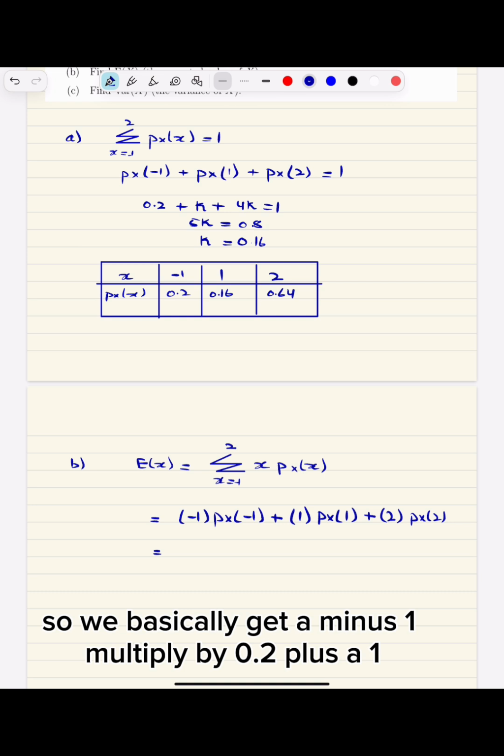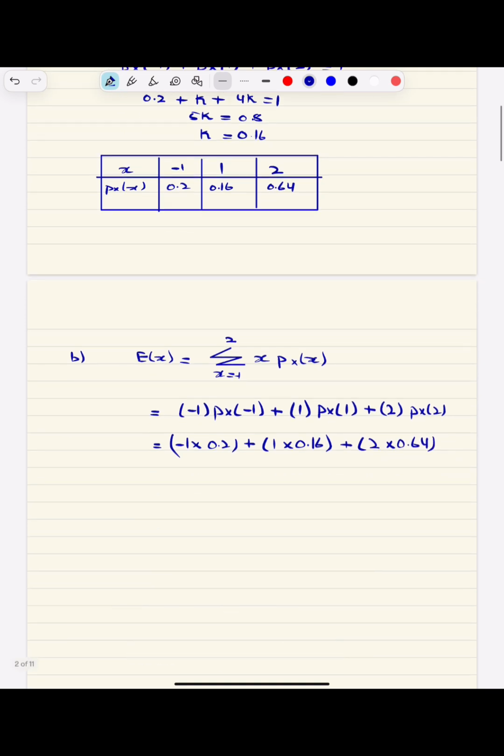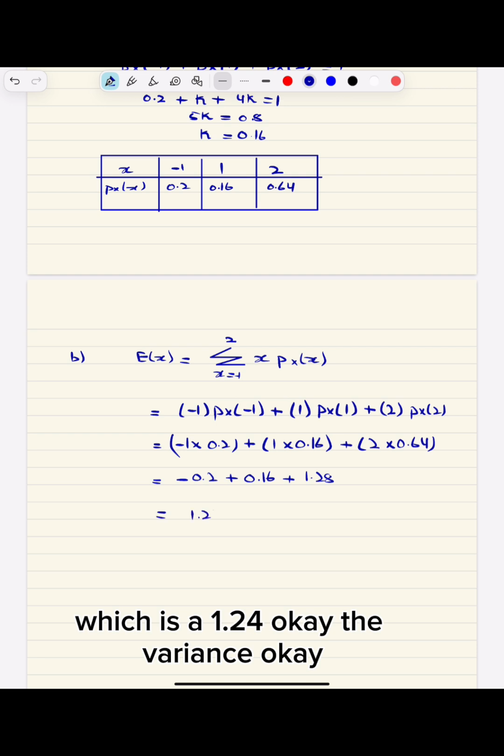So we get -1 multiplied by 0.2 plus 1 multiplied by 0.16 plus 2 multiplied by 0.64. This becomes -0.2 plus 0.16 plus 1.28, which is 1.24.